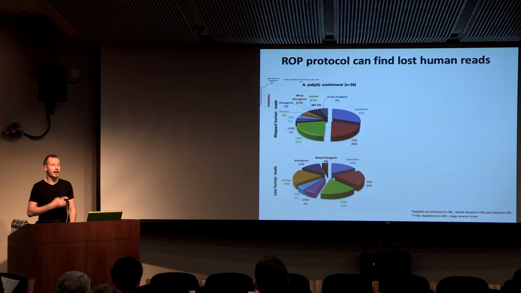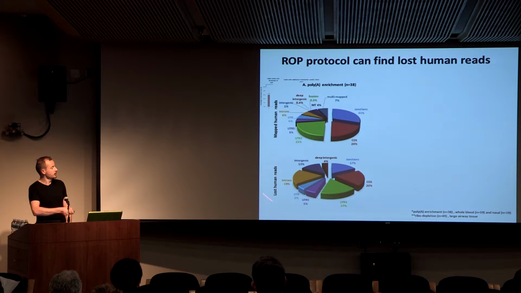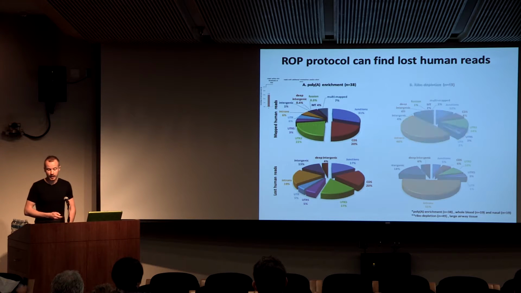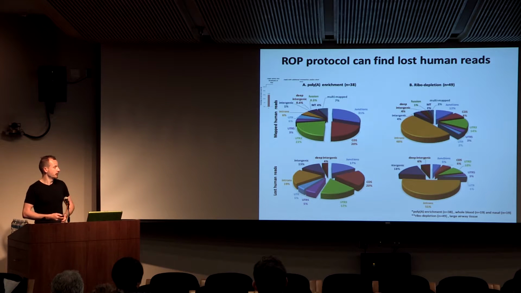They're randomly distributed across the genomic features. This is the genomic profile of the poly-A data based on the mapped reads, and it is pretty similar to the genomic profile estimated from the lost human reads. With some exceptions: among the lost human reads, we see an increased number of intergenic reads, consistently for the ribodepletion libraries.